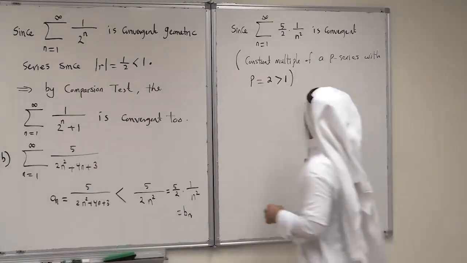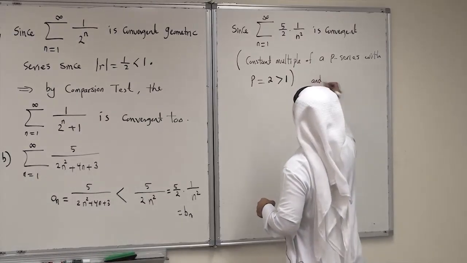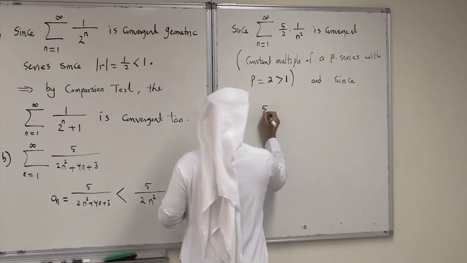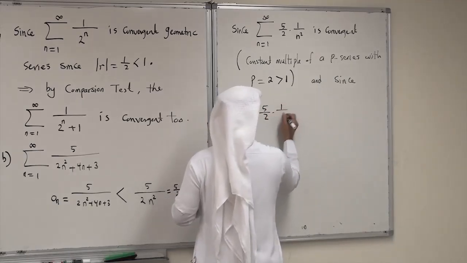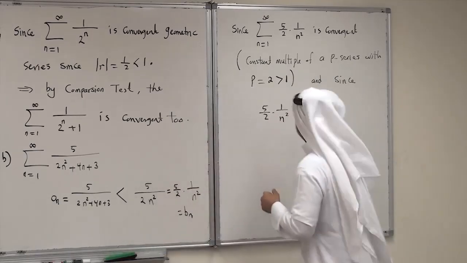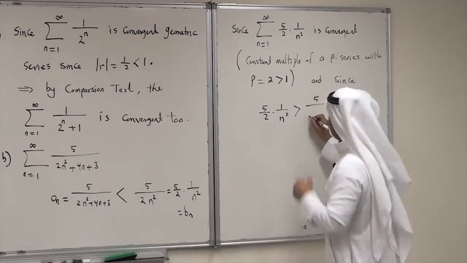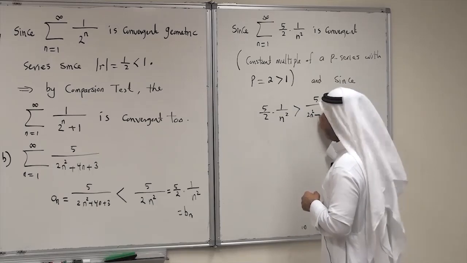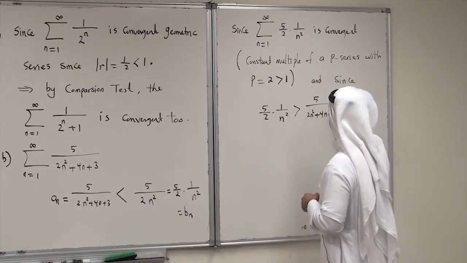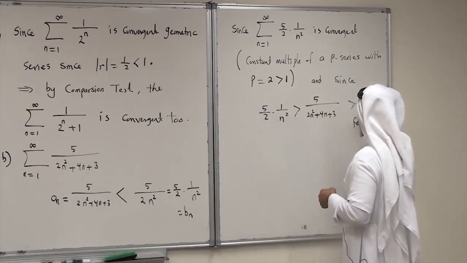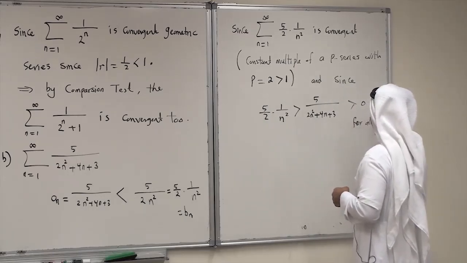Since this is convergent, and since 5 over 2 times 1 over n squared is always greater than 5 over 2n squared plus 4n plus 3, and both of them are greater than 0, this is true for all n greater than or equal to 1.